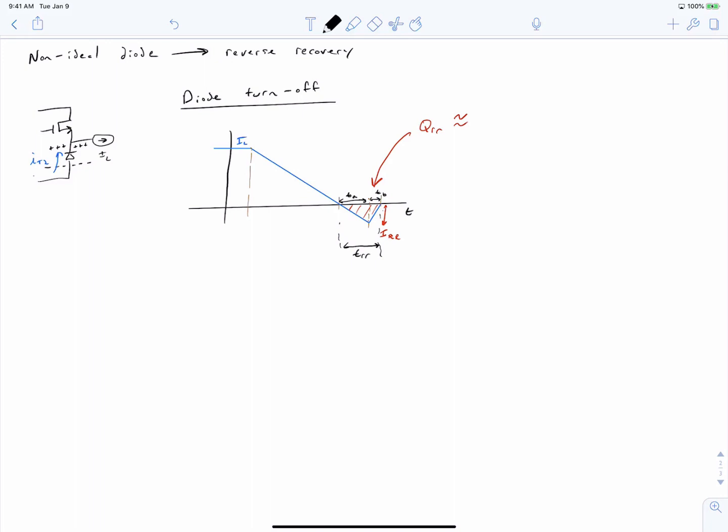And so the total charge, or the area underneath this curve, is approximately 1/2 IRR times TRR. And this has the effect of increasing the MOSFET losses.